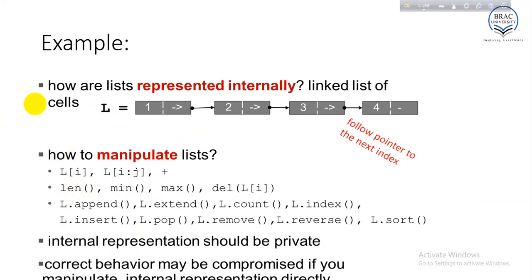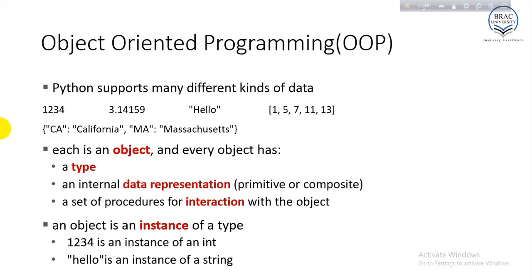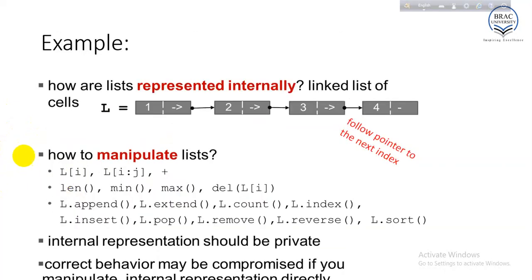Now we have already said that the object will have an internal data representation. So say that we have a list which contains 1, 2, 3, 4.